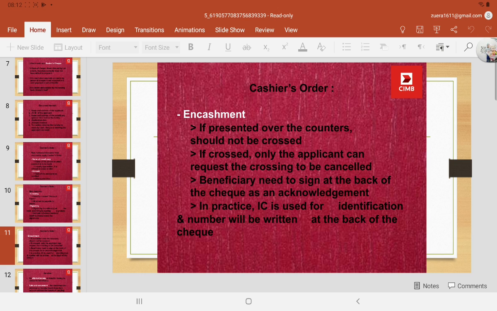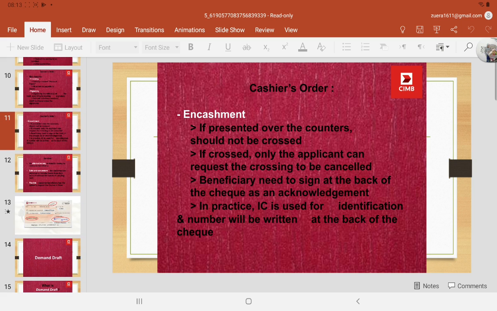Once the beneficiary receives it, they need to sign at the back of the cheque as an acknowledgement that they have received the cash order. The IC will also be used to acknowledge that they already received the money. So these are the features of the cash order.